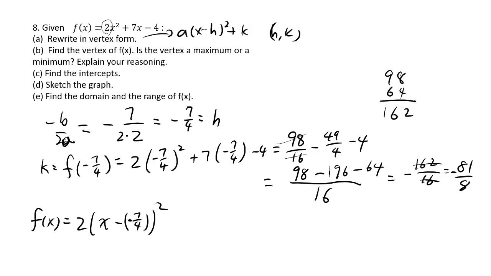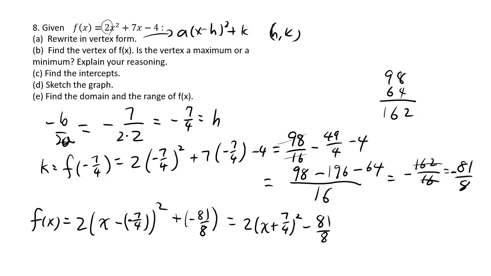Okay, so x minus negative 7 over 4 squared, and you have plus k, and that's negative 81 over 8. Right? Let's simplify a bit. Negative negative is positive, so you have 2 times (x plus 7 over 4) squared, and then minus 81 over 8.